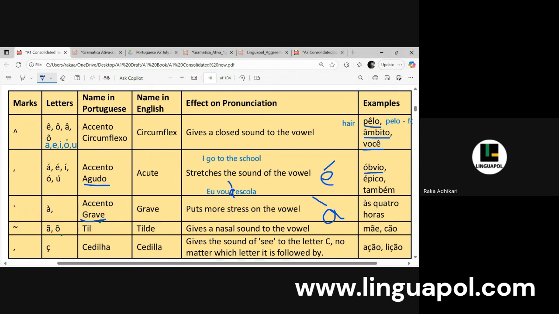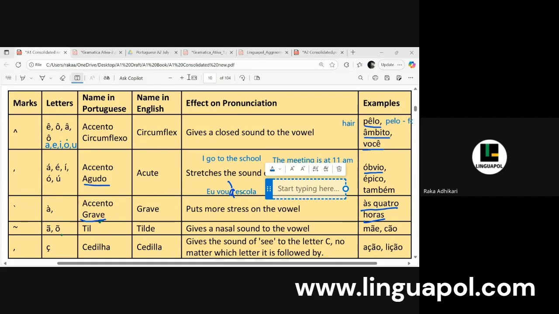Similarly, we have an example here: às 4 horas. When can we use this? What is the use of this? For example, if I say the meeting is at, let's say, 11 a.m. So in Portuguese, we will say a reunião.